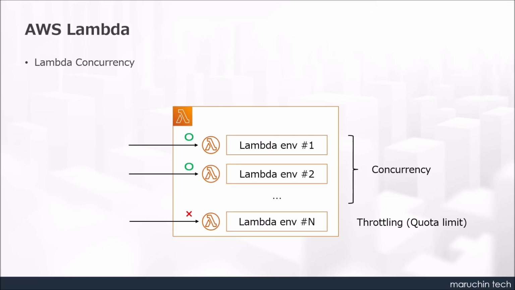If requests exceed this, an error occurs due to throttling. If the number of requests increases and the function fails to operate due to reaching the Lambda concurrency limit, you need to request a quota increase. According to AWS official documentation, it is possible to raise this limit to tens of thousands.